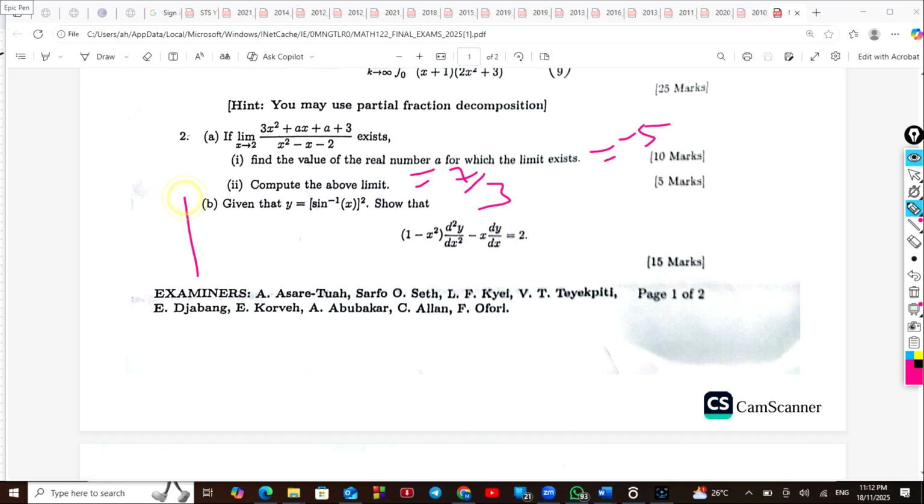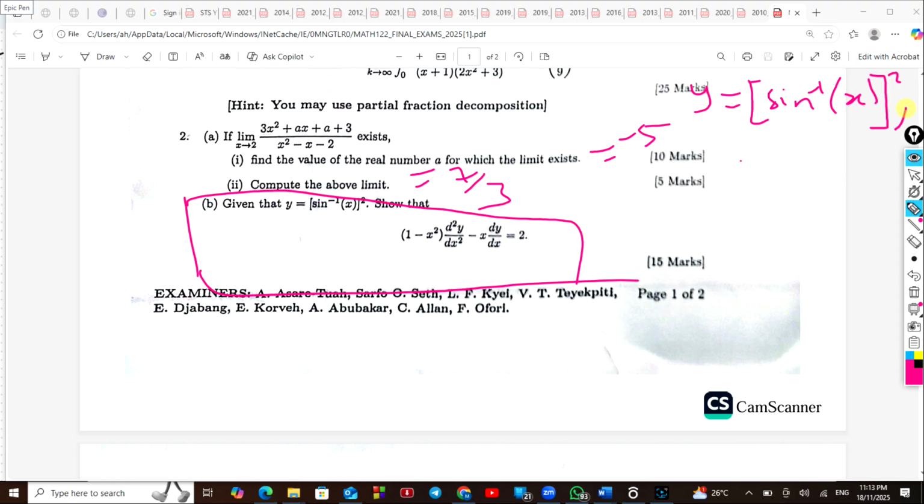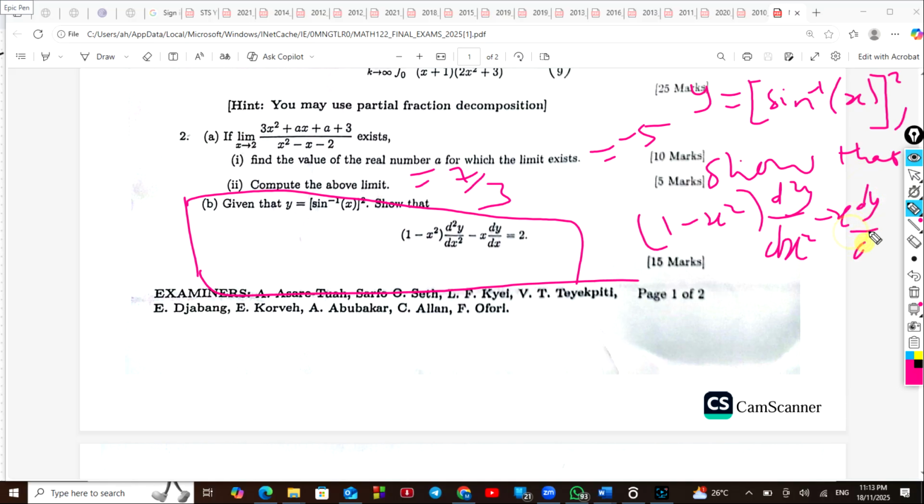So now let's look at this last one finally, and the question is: given that y equal to the sine inverse of x all squared, show that 1 minus x squared d squared y over dx squared minus x dy dx is equal to 2. So this is what we are coming to show.